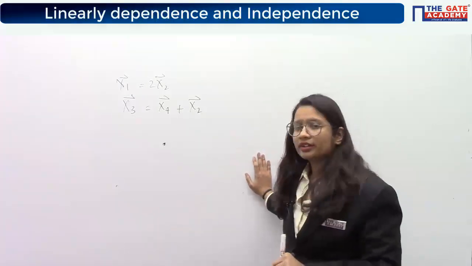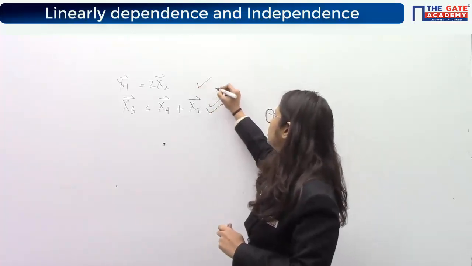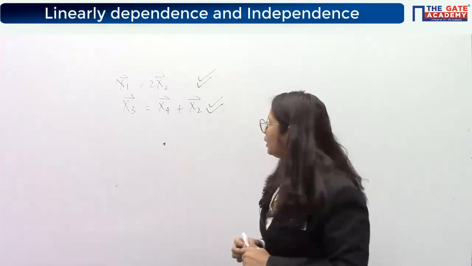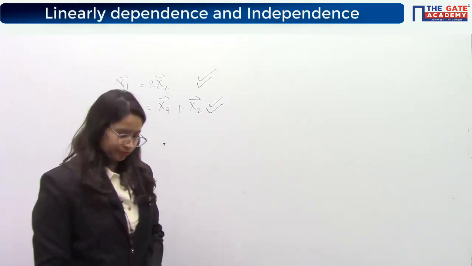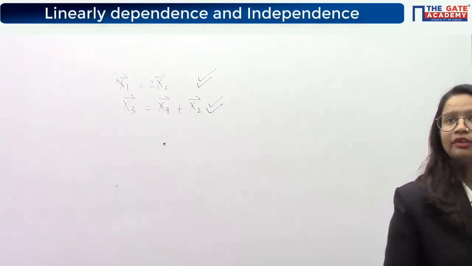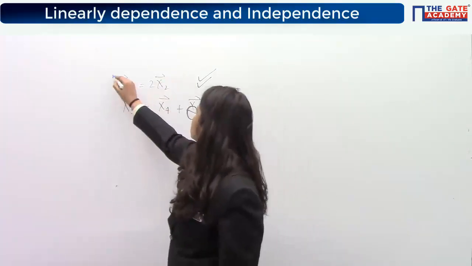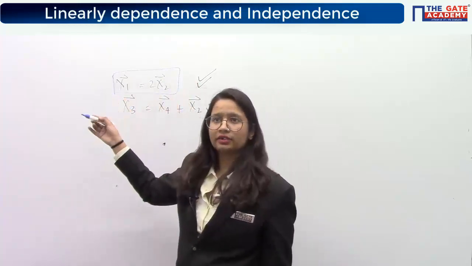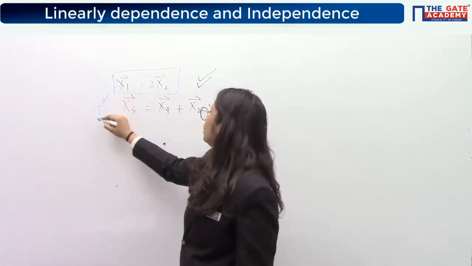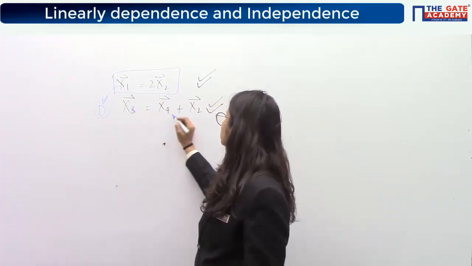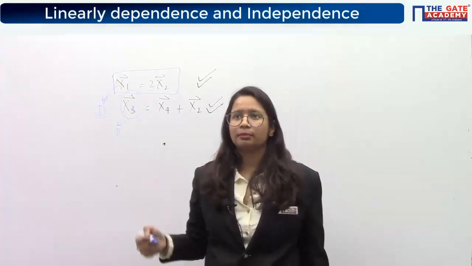Now if the relationships you found among those 4 vectors are these two, that x1 is 2 times x2 and x3 is x4 plus x2, can you tell me how many are dependent here? According to the first relationship, x1 is twice x2, so x1 is dependent. According to the second, x3 is x4 plus x2, so it is also dependent. So how many vectors are dependent? 2 vectors are dependent.